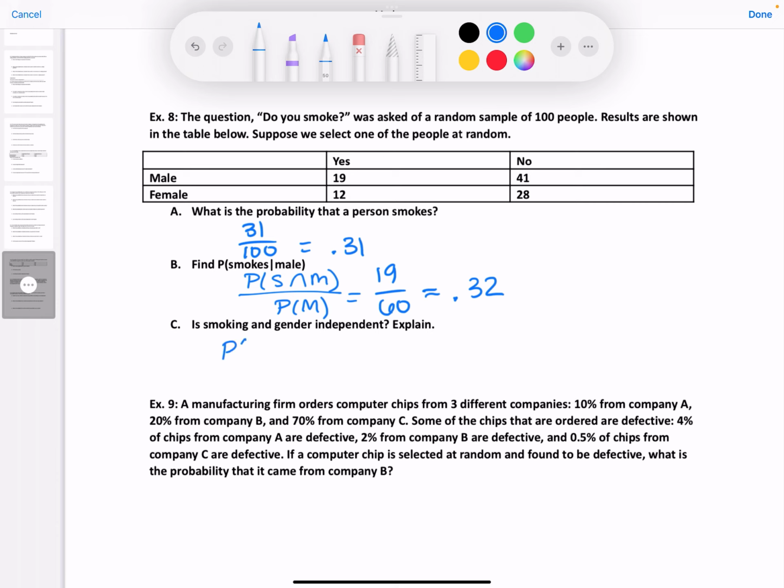So the probability that they smoke, given that they're a male, would be equal to the probability that a person smokes. So it was 0.32. Probability that a person smokes was 0.31. Those are not equal, though they're similar. So it is not independent.